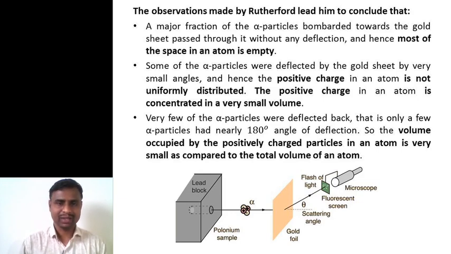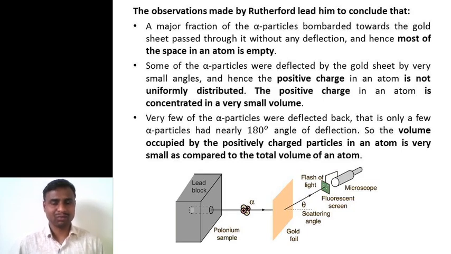That's why some alpha particles are scattered through a small angle, and the scattering angle varies from 0 to 180 degrees. So the volume occupied by the positive charge in an atom is very small compared to the volume of the atom.